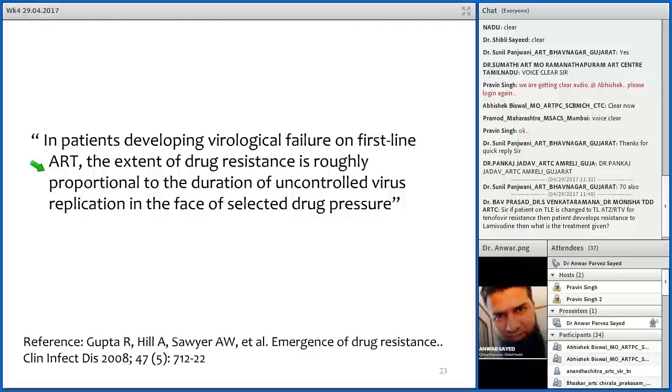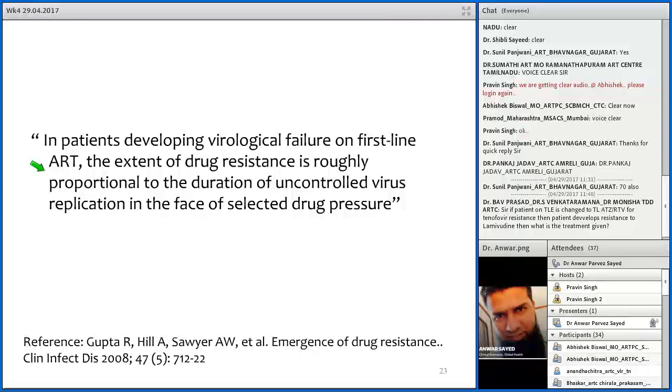Now, if you find that there is immunological failure, we should not waste time in referring patients for second line ART in these scenarios, because if you allow a patient to continue on a failing regimen, that will result in more and more mutations, and there will be accumulation of mutations, which will compromise the second line treatment also.